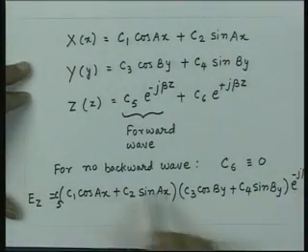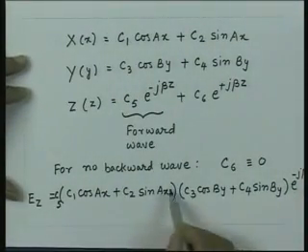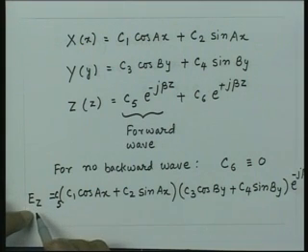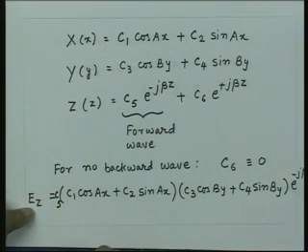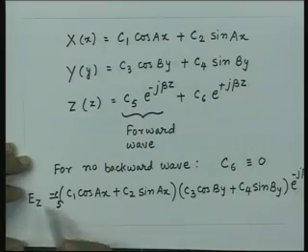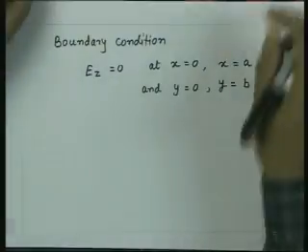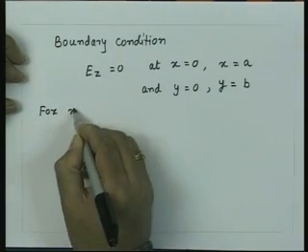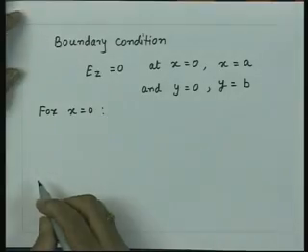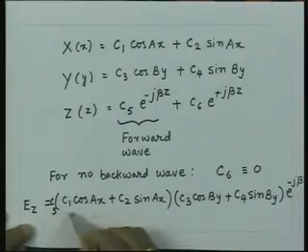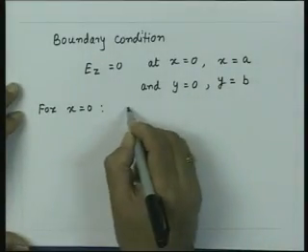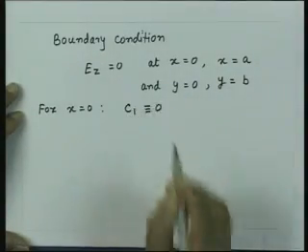So, I just use the boundary conditions one by one. If I put x equal to 0, sin of Ax will be 0. Now, Ez is 0, and that can happen provided this C1 quantity is equal to 0. So, from the first condition, x equal to 0, we get that this arbitrary constant C1 should be identically equal to 0.